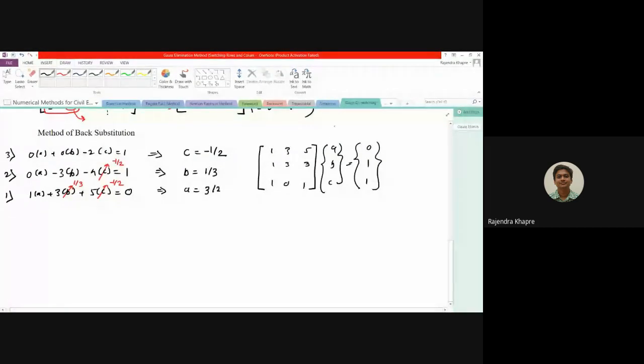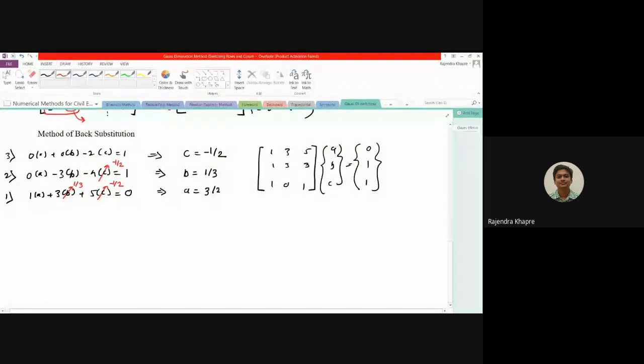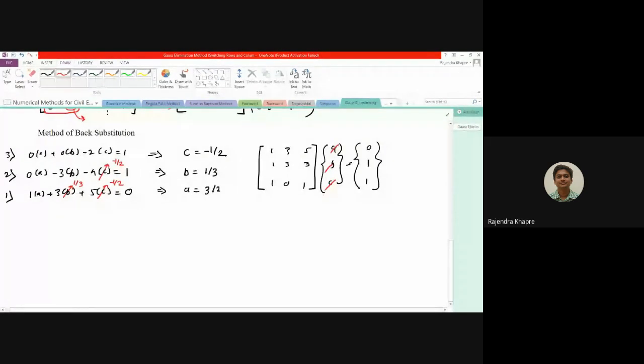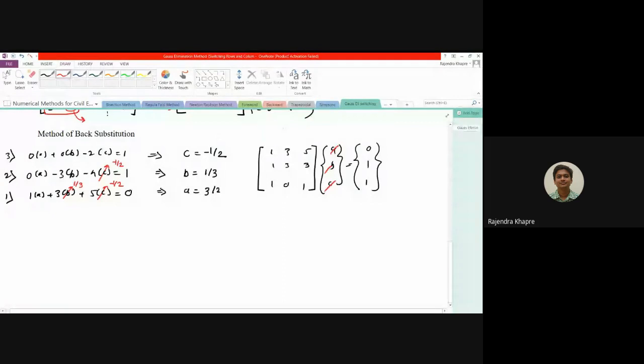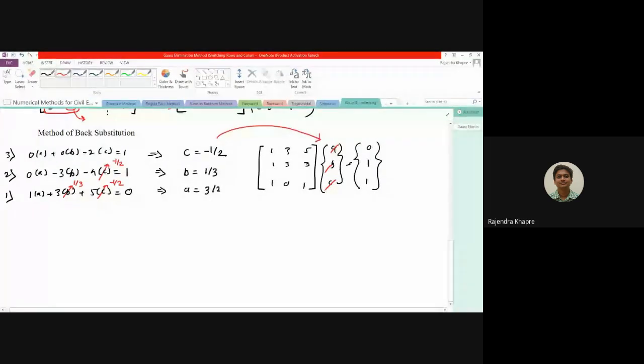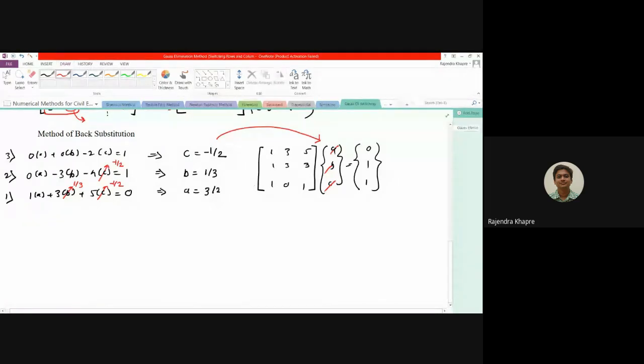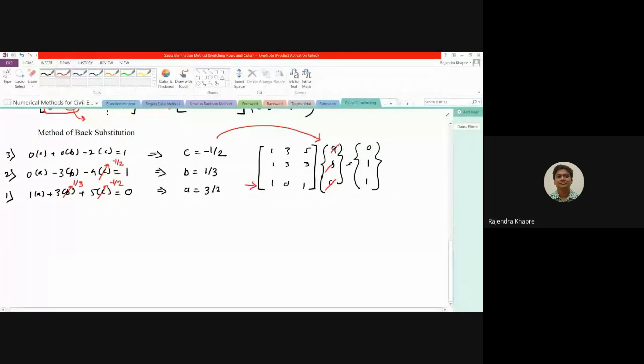We already know the values of a, b and c, so you can substitute them over here and check whether you are getting the correct answer or not. Please check the last row. Multiply 1 with a, 0 with the value of b and 1 with the value of c. You should get the answer as 1. Are you getting this? Please check.